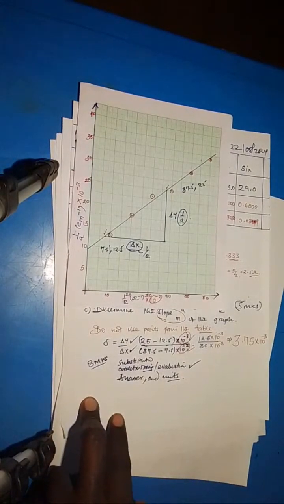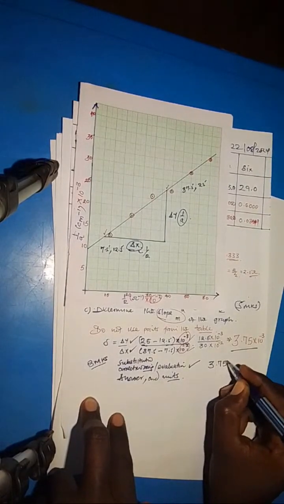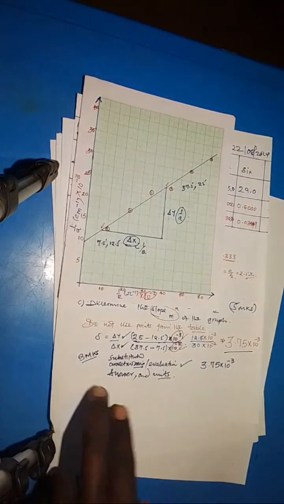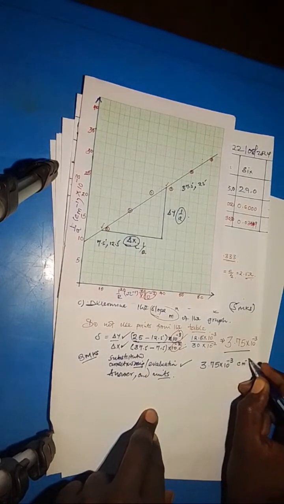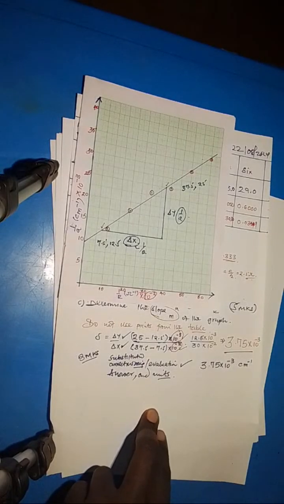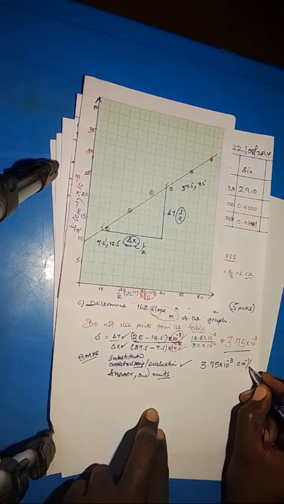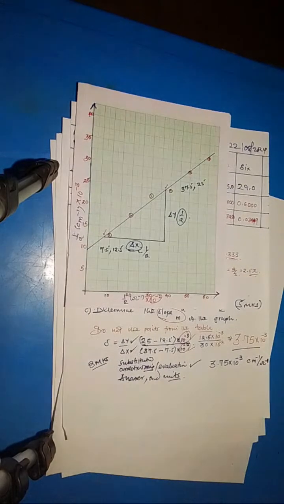Answer and units. Therefore, this one we are supposed to record 3.75 times 10 raised to power negative 3. The units on the y-axis are per centimeter, like that. And the ones on the x-axis, they are in per ohm. So if you write that one correctly, then you'll have it well done.